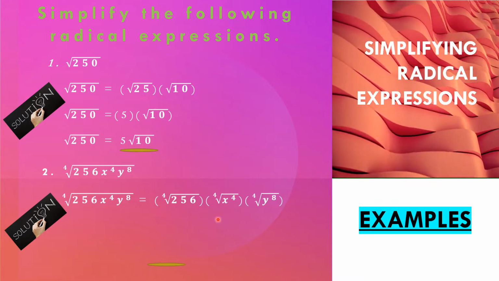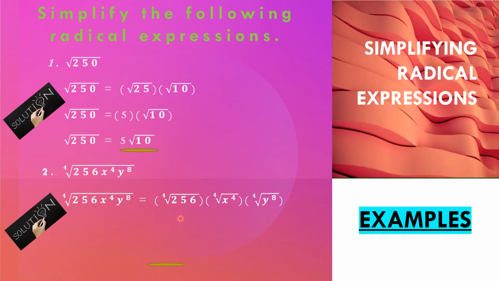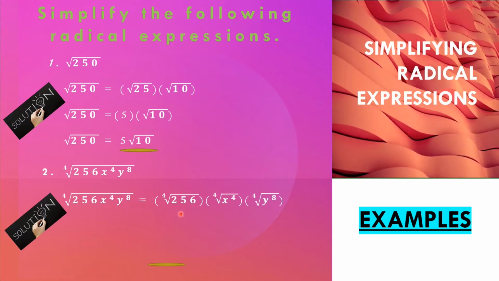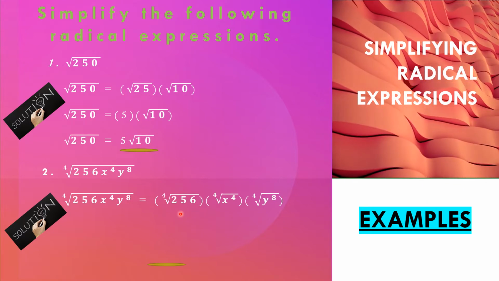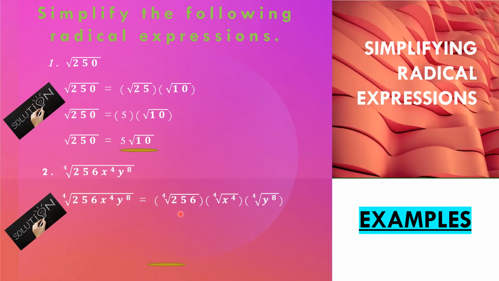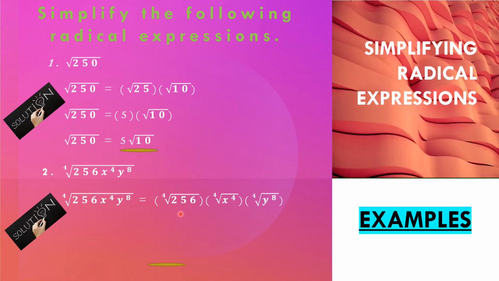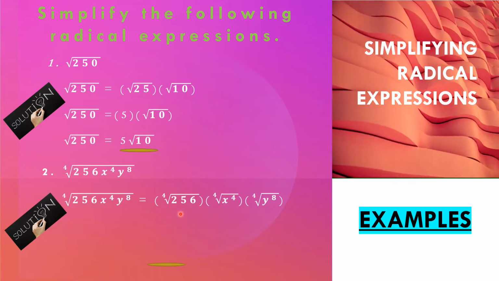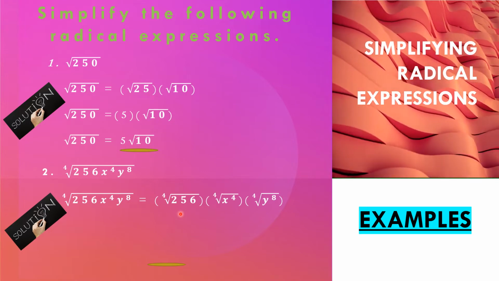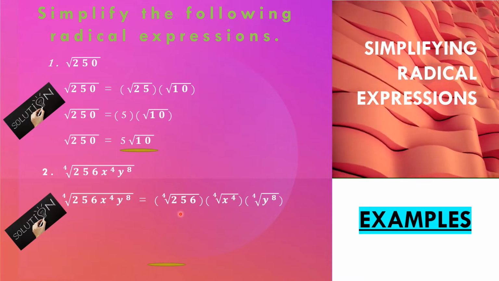Mapapansin ninyo, pinaghiwa-hiwalay ko lang po siya. Si 256 po kasi, meron po yung 4th root. Bakit po may 4th root siya? Kasi si 256 is equal to 4 raised to 4, or if you're going to multiply 4 times by itself four times, that is equal to 256.